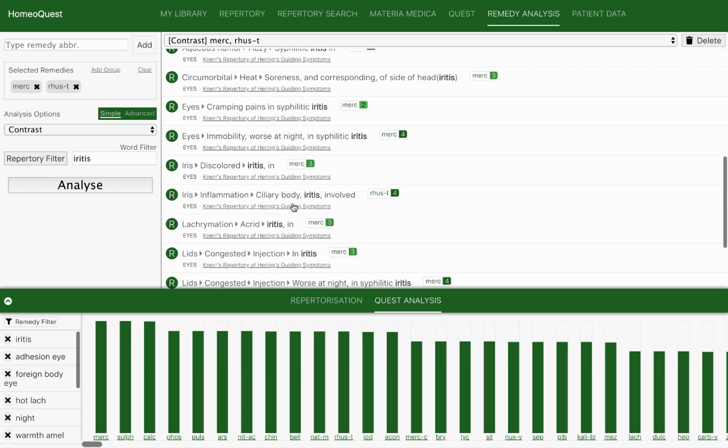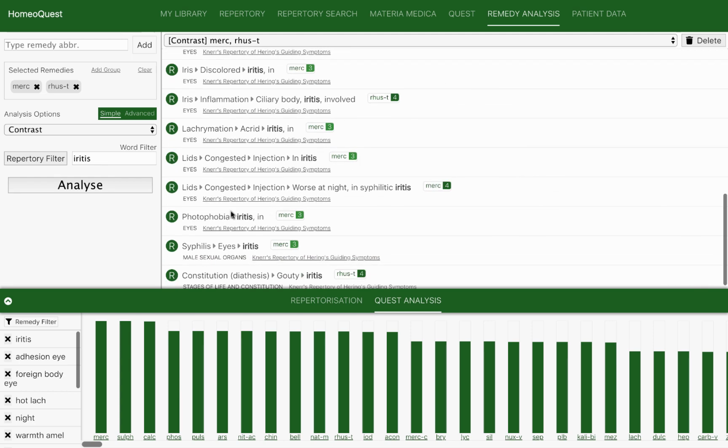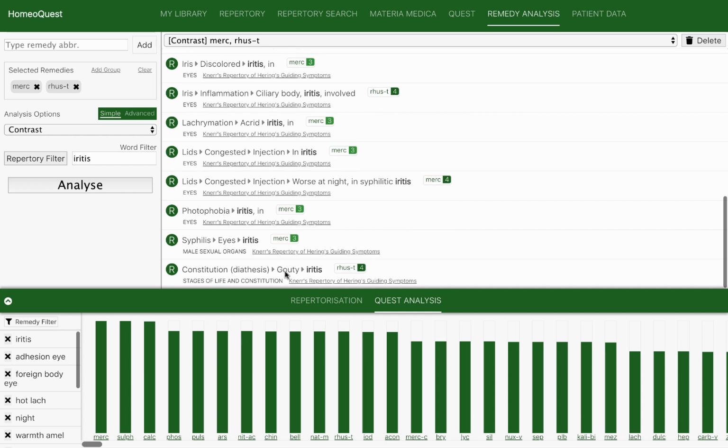If the ciliary body, which holds the lens, is involved, that is Rhus tox. In our case, that is not involved. Now, if you have more acridity of the lacrimation, it's more Merc than Rhus tox. If you have more photophobia, which is what our patient has, you have more Merc. But if it's more the gouty rheumatic diathesis, it's more Rhus tox. That's what makes everything so crystal clear.